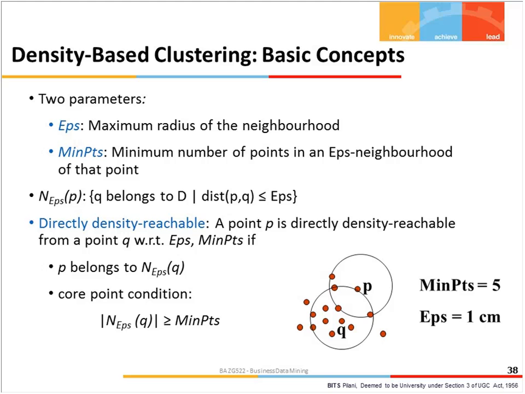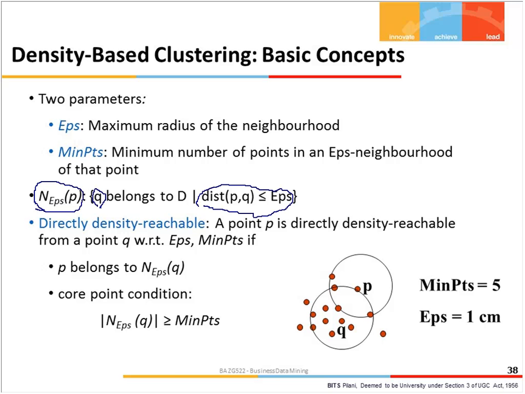So we define N epsilon, which is, within the epsilon radius, how many points are there. For a point P, Q is in the epsilon neighborhood if the distance of P to Q is less than epsilon.